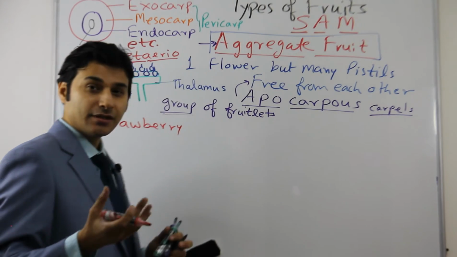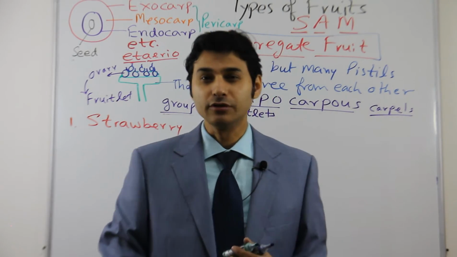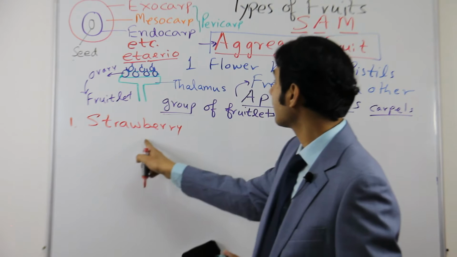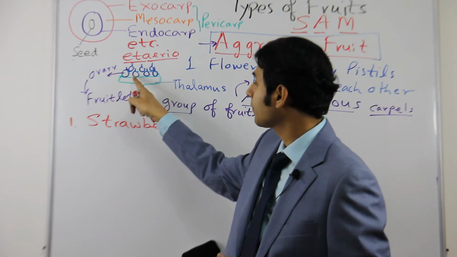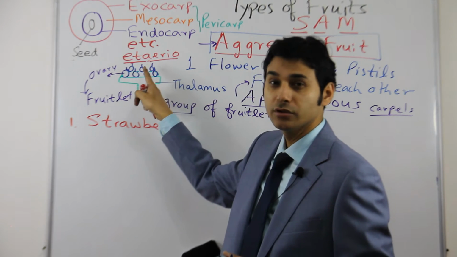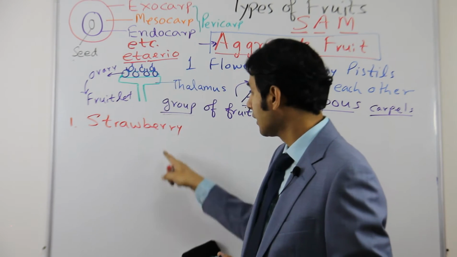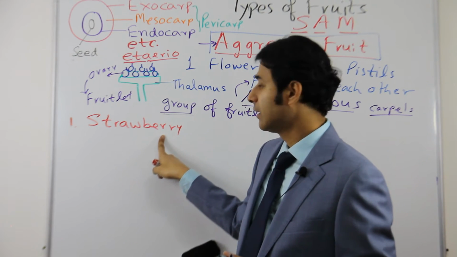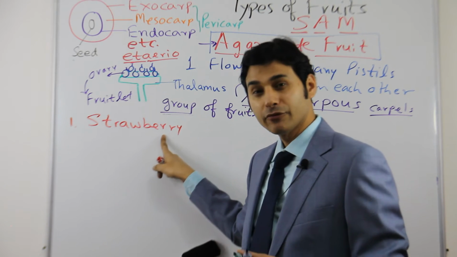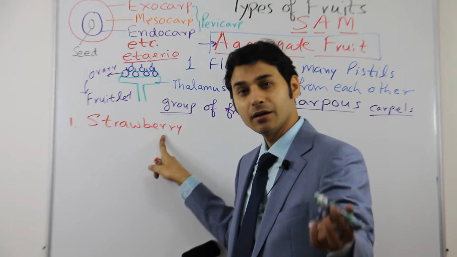Strawberry is not a berry at all, first of all. The strawberry is an example of an aggregate fruit where multiple carpels are found on the thalamus. The word berry here is not correct botanically. The berry is a type of fruit, as I said, you can find in my earlier videos.